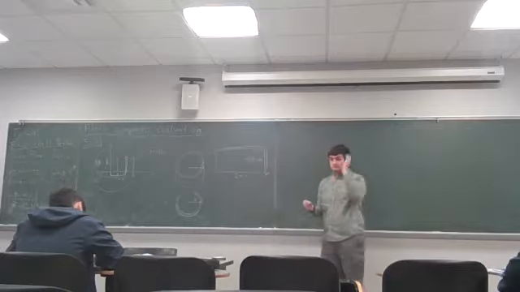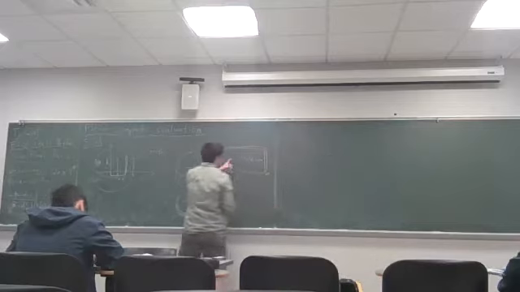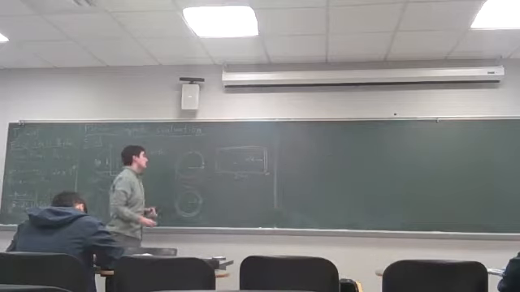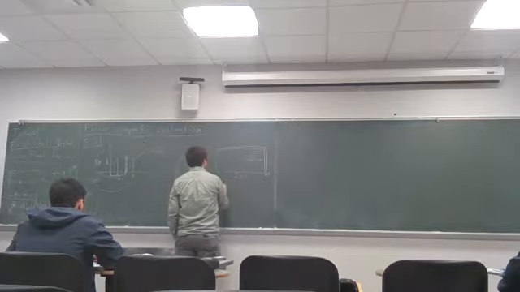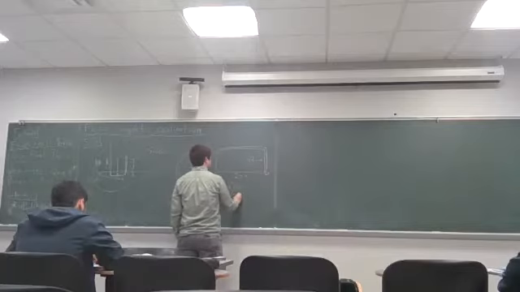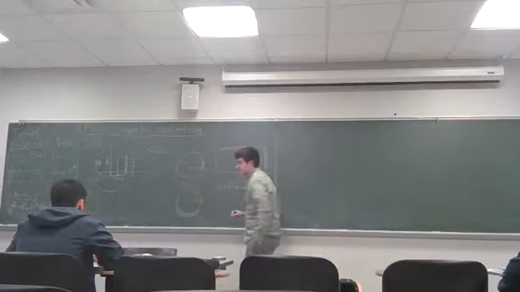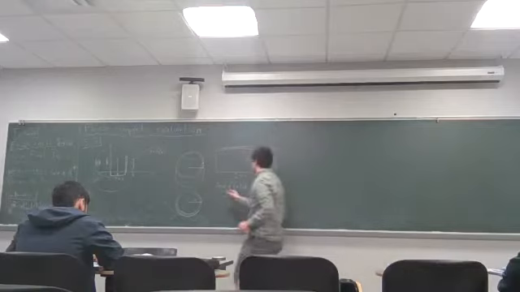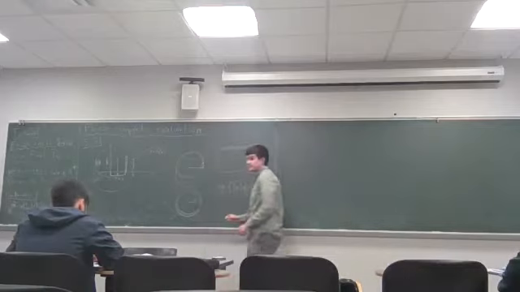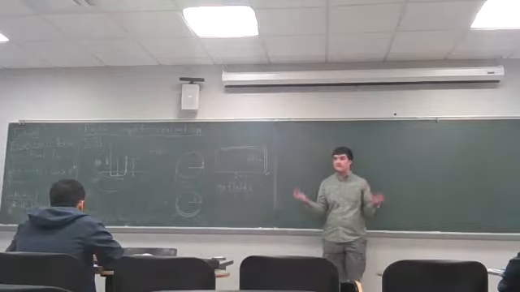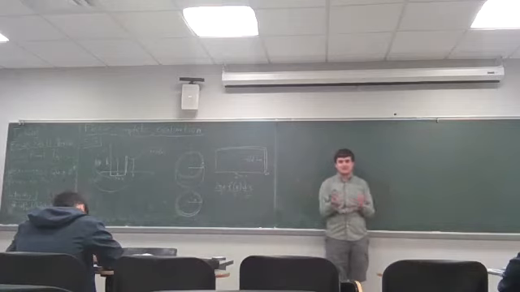So for each individual rectangle, to get the volume, I'm taking 2 pi X times f of X times dx. Call this length, this is height, and this is width. Length times width times height, that's the volume of a rectangular prism.